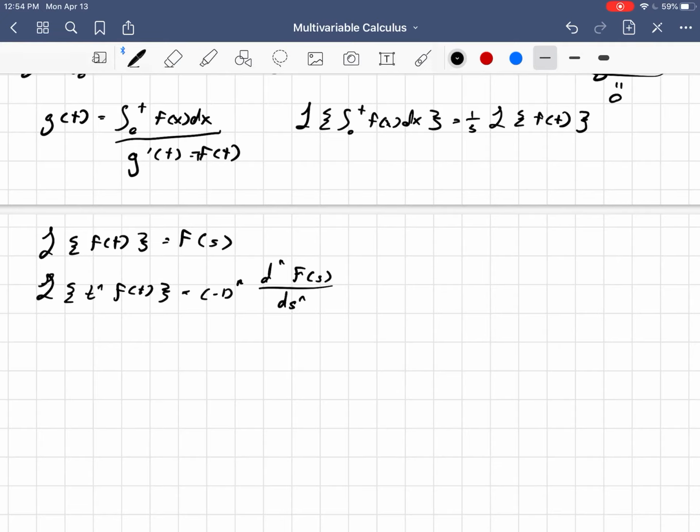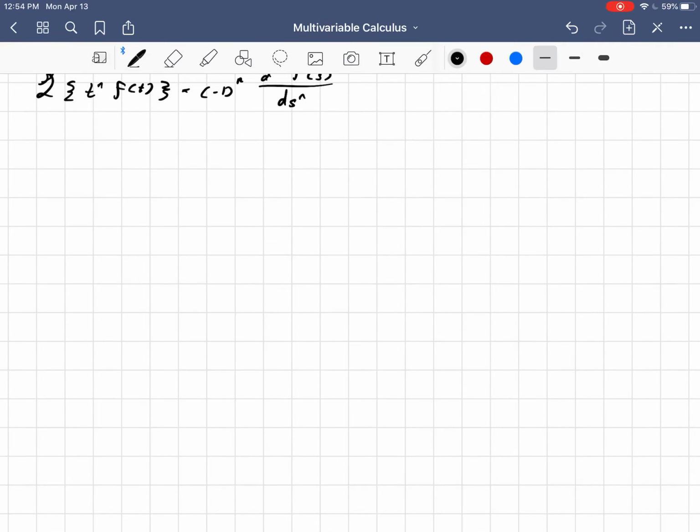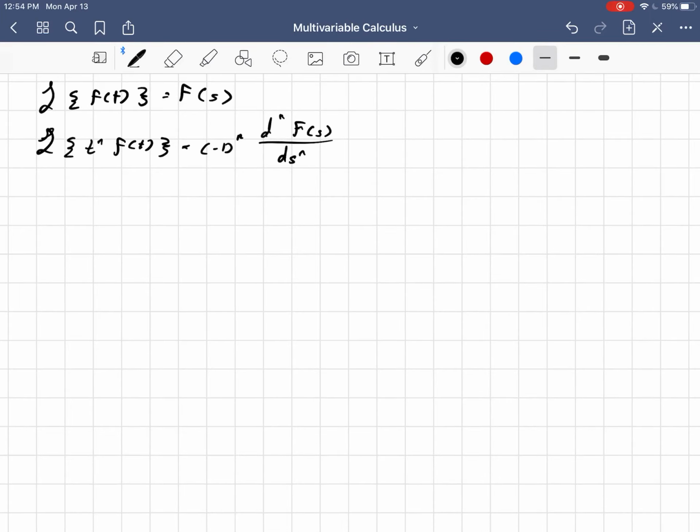The nth derivative of F with respect to s.